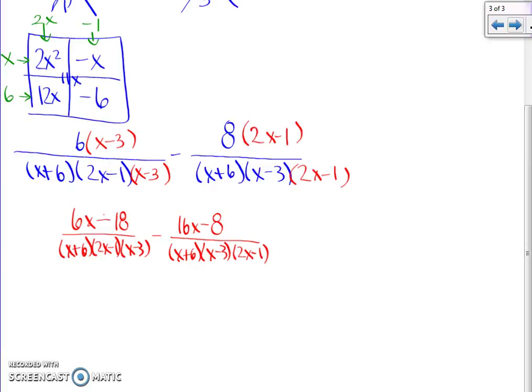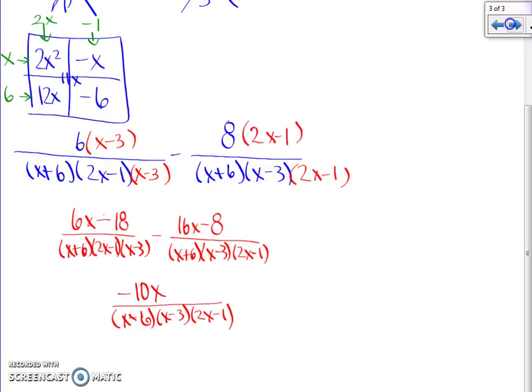Now, again, the tricky thing about subtracting with fractions is making sure that you subtract everything on that second fraction. So, on the bottom, we've got that. What is our numerator going to be? How many x's do we have?